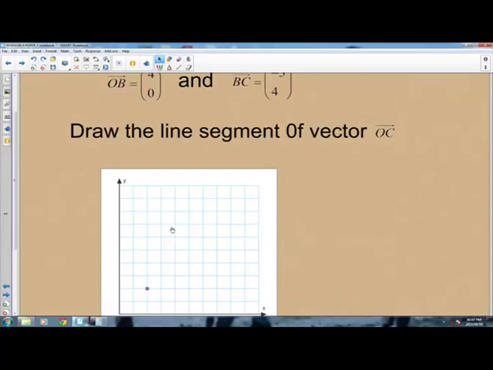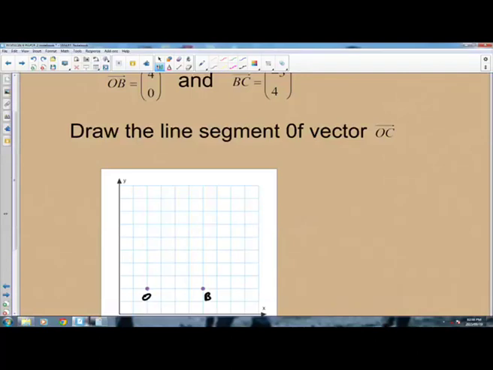So this is O. And then it says move 4 steps horizontally. So we'll move 1, 2, 3, 4 and then 0 up. So this is where our B will be. Here it's O, and then here it's B. And then it says, what about BC?